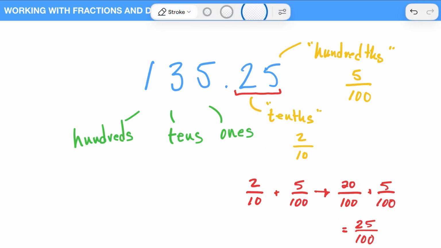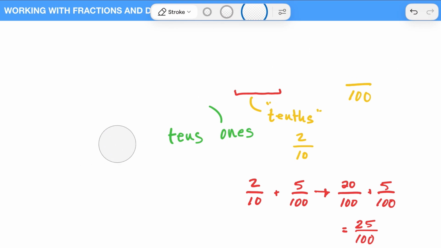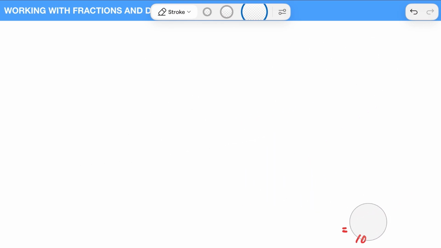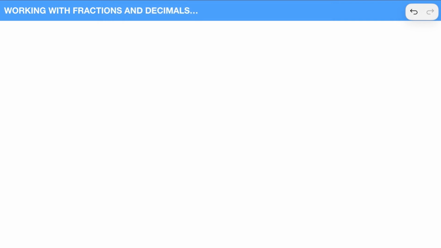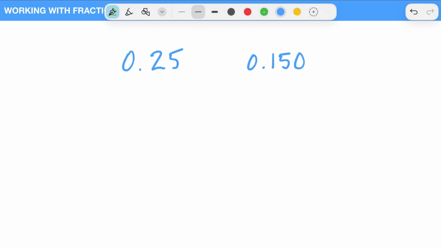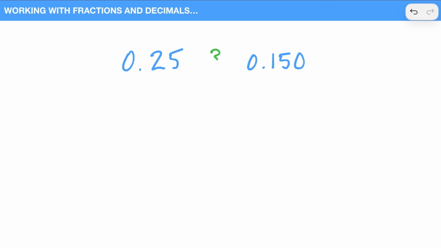Now, there are a couple misconceptions around decimals that some students get tripped up with, and I want to call them to your attention. The first one is this: 0.25 and 0.150. My question is, which one is bigger?